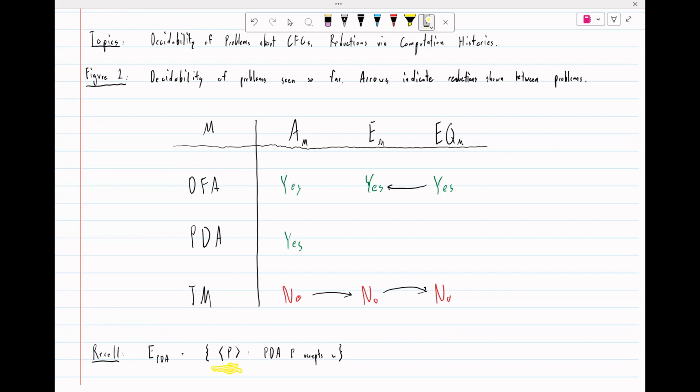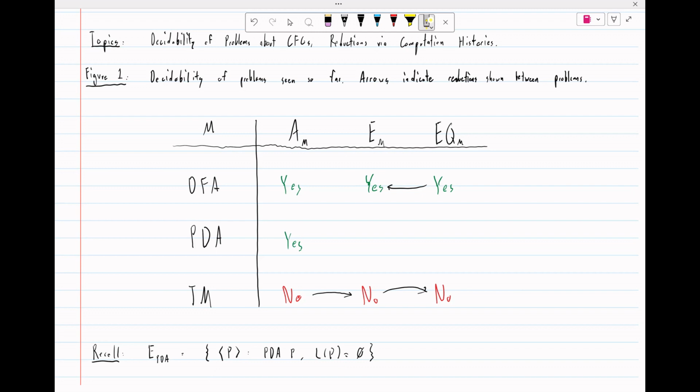E_PDA is: you give me a description of a PDA P, and I want to know if the language of P is empty. So you give me a description of a pushdown automaton, and I want to know if it never accepts any string, if the language that it recognizes is empty.